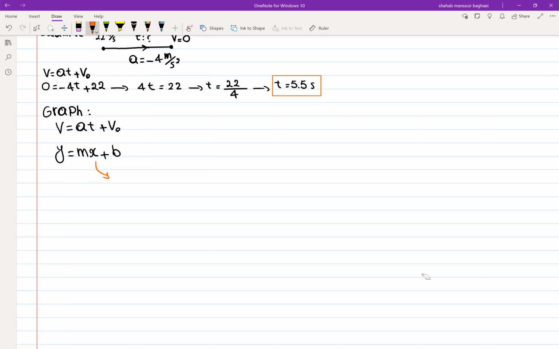X is called the independent variable. Y is called the dependent variable. If you remember, m is called the slope. And b is called the intercept.